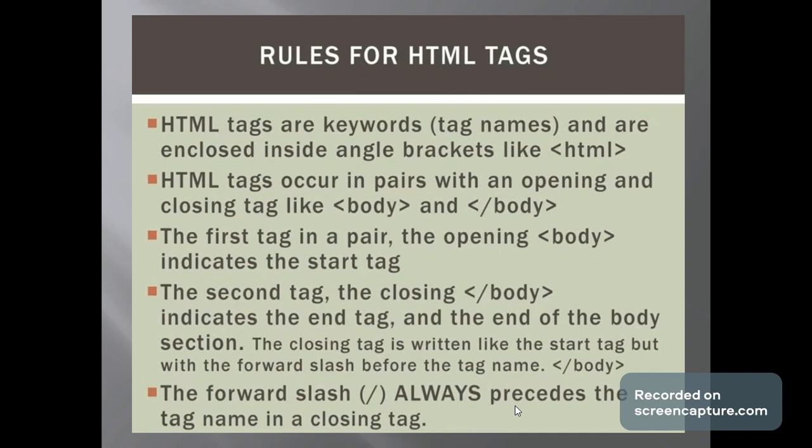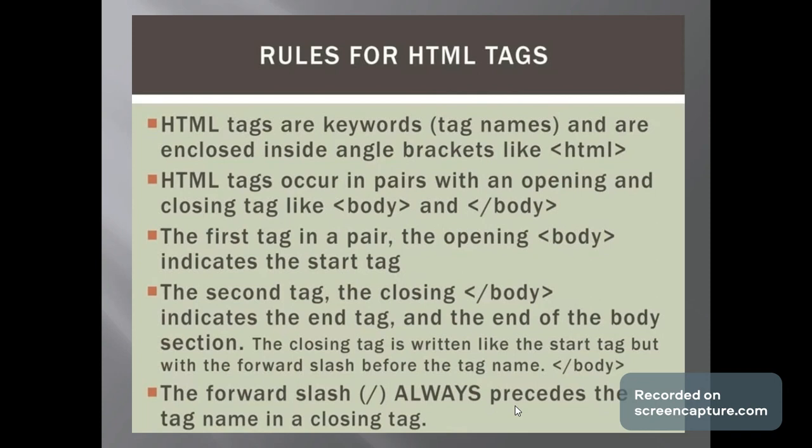There are certain rules for HTML tags. HTML tags are keywords, which are also known as tag names, and are enclosed inside angle brackets. HTML tags occur in pairs with an opening and closing tag, like <body> and </body>. The first tag in a pair, the opening <body>, indicates the start of the tag, meaning the start of the web document.